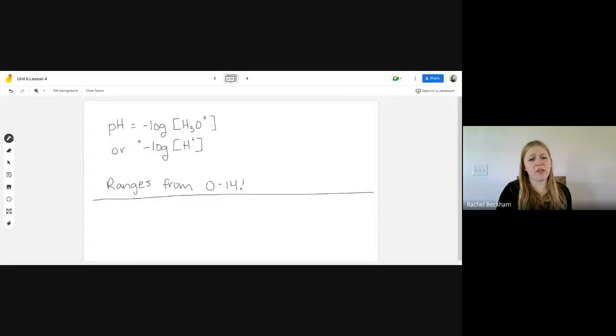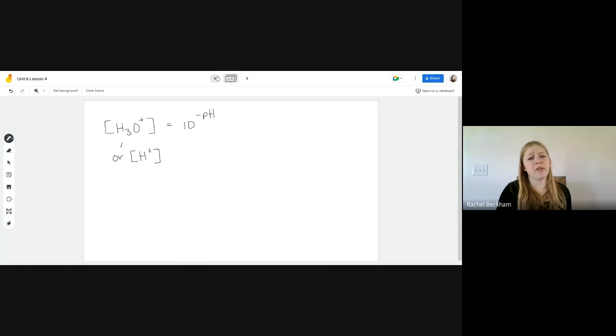So pH is the negative log of H3O plus, and it ranges from 0 to 14. Or sometimes they give it to you reversed, and they give you the pH, and they want you to find the H3O plus. And if so, the reverse of that is that to find H3O plus, you take 10 to the negative pH.